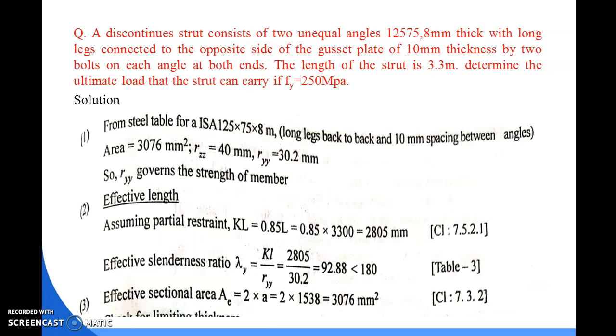Now, another problem is there, which is based on a double angle section. So the question is, a discontinuous strut consists of two unequal angles.